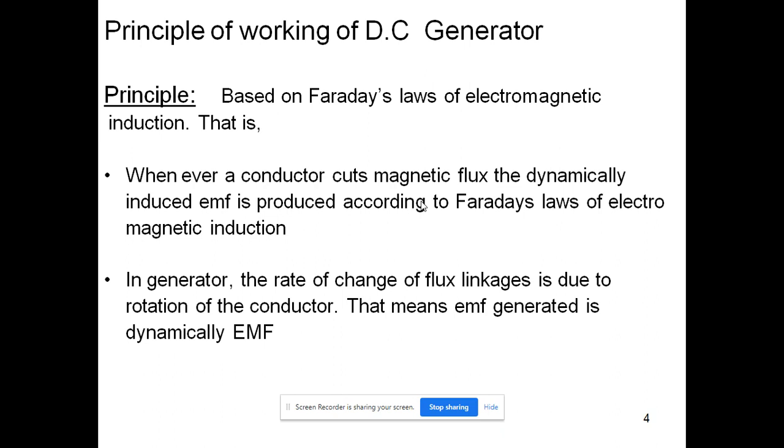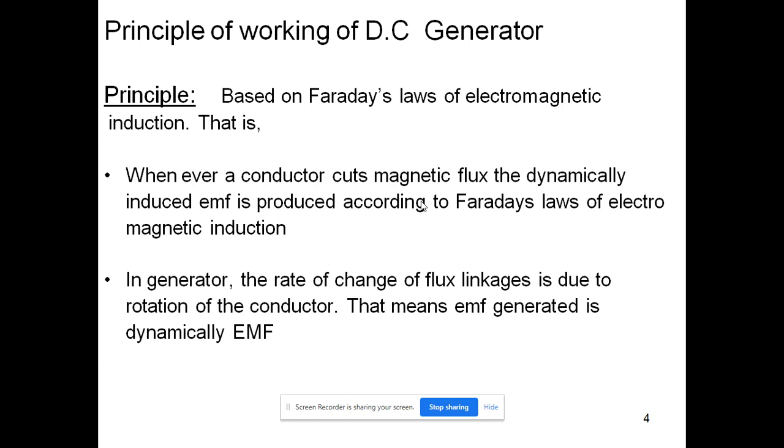This EMF is nothing but dynamically induced EMF. Now, in order to know how much EMF is induced, we know the famous equation E is equal to minus N into d phi by dt.